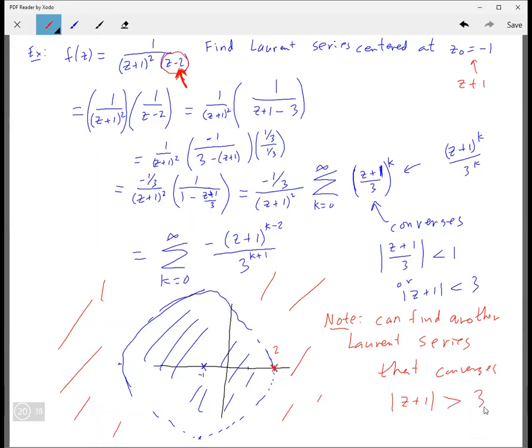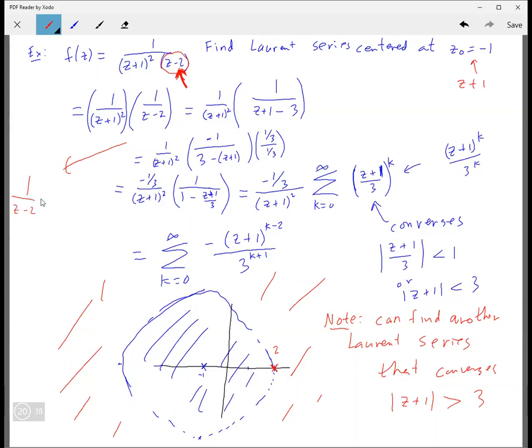So you can find another one that converges out there. That's possible. And the trick would be to manipulate this a little bit differently. Okay, so the trick would be this. So let me just show you how you could go about doing that.